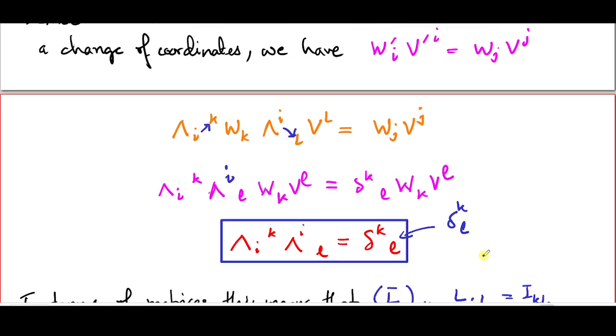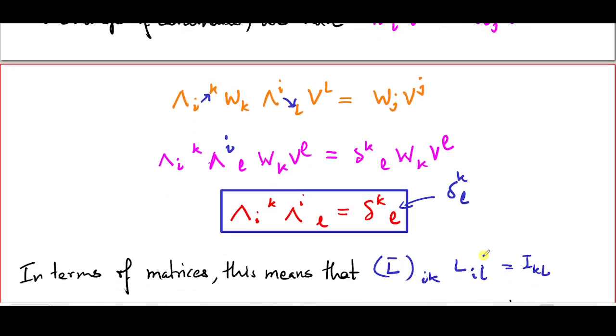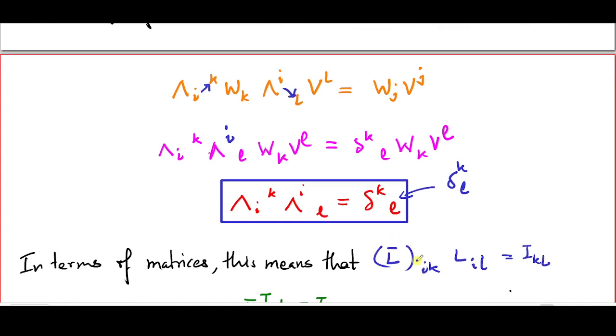Now, if you want to rewrite this in the matrix language, this simply means that the ikth element of L bar times the ilth element of L, summed over i of course, is I kl, where I is the identity matrix. Of course, the klth element of the identity matrix is nothing but delta kl. Now, this looks like a matrix multiplication, but it is not. In a matrix multiplication, the column index of the first matrix and the row index of the second matrix are matched and they are multiplied together and then summed over.